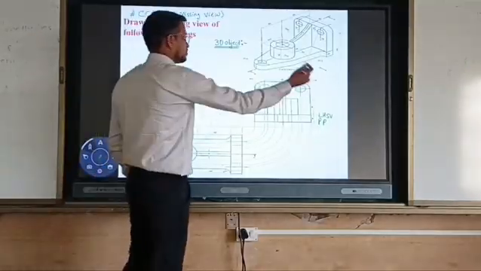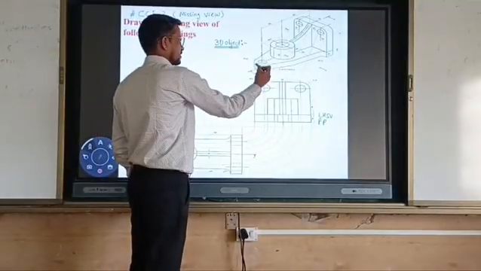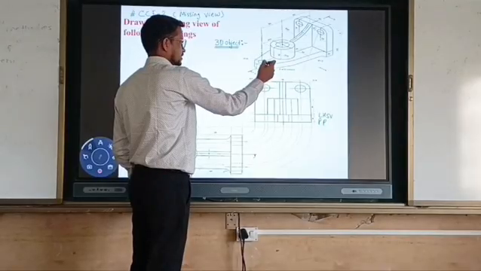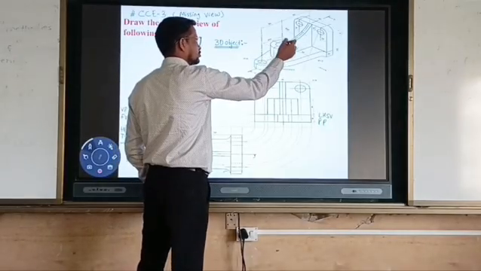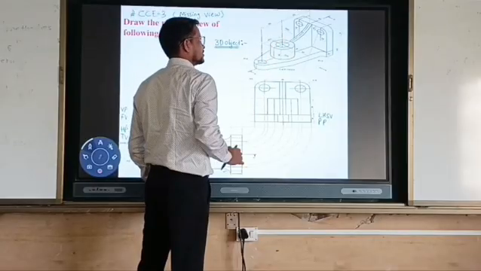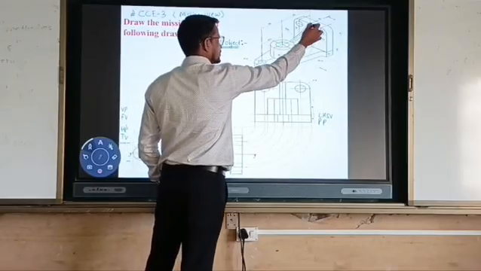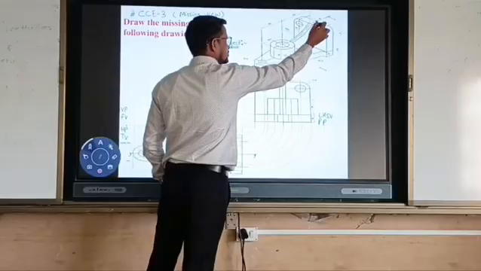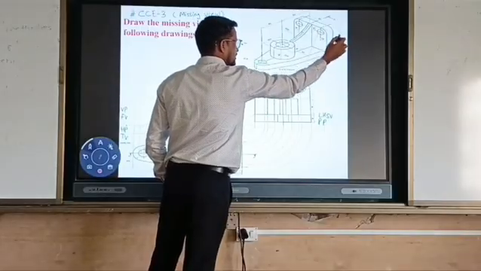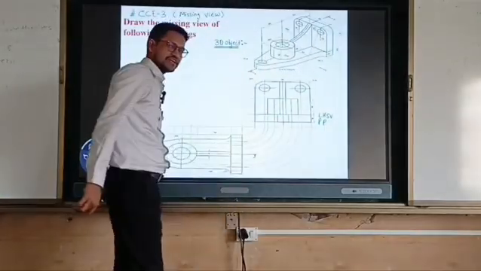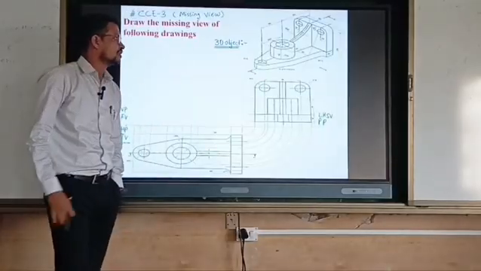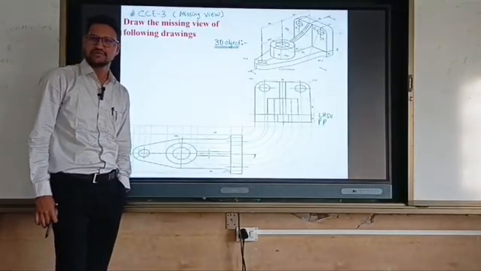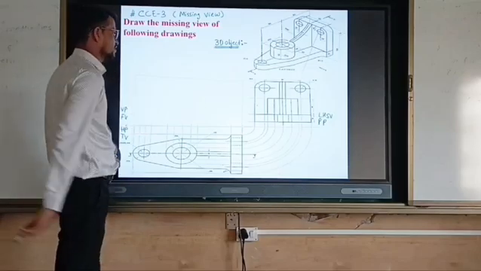Now when I am looking from the front side, how much length? 18 mm, this semicircle. After that, from center to this center, 60 mm. From this center to this end, 80 mm, and from this short rectangle, 18 mm. 18 mm plus 18 mm, that is 36. 36 plus 60 and 80, that is 176. So total length is 176.